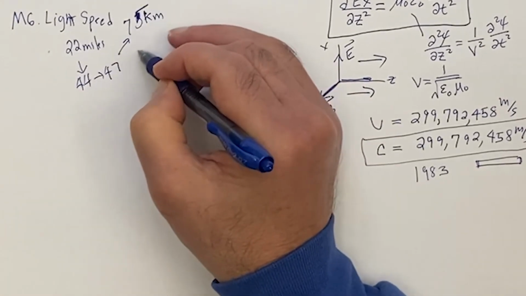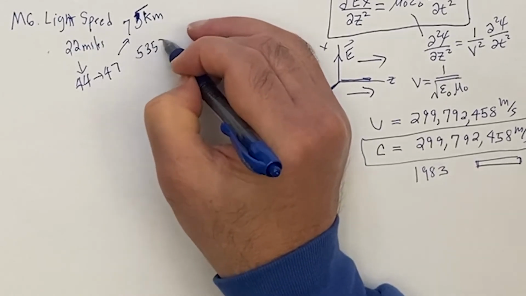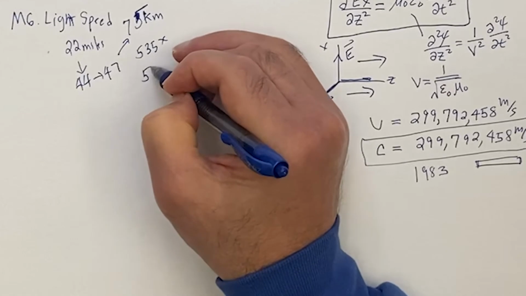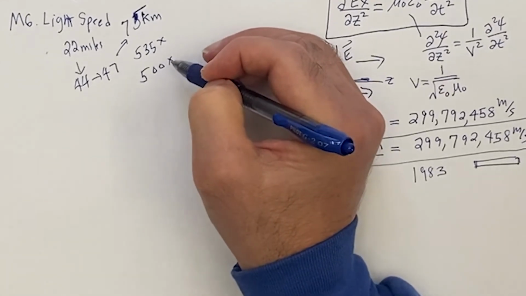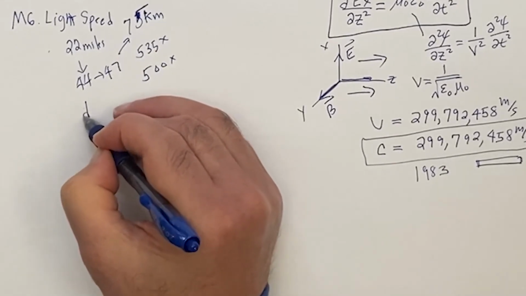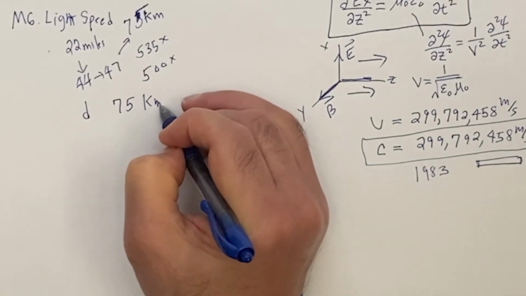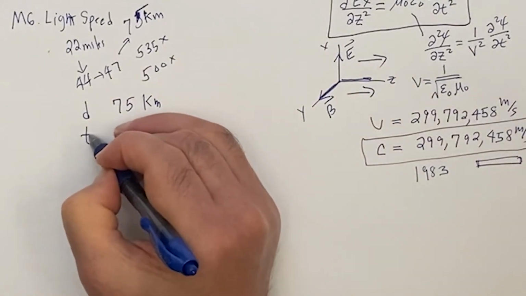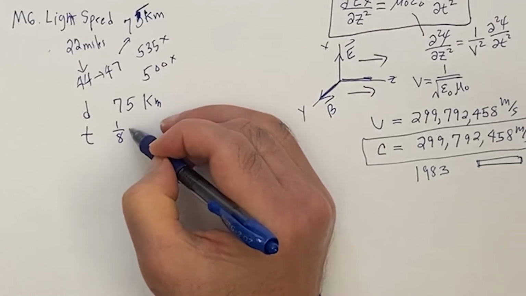And his mirror rotated very rapidly, like 535 times a second, and I'm going to make that 500 times a second. So the distance for the round trip is 75 kilometers. The time for the round trip is going to be 1/8 of a turn.